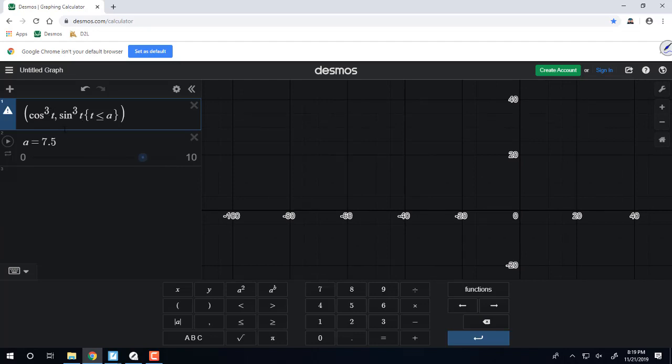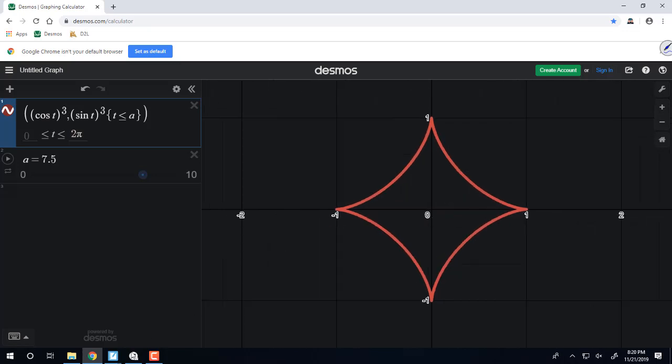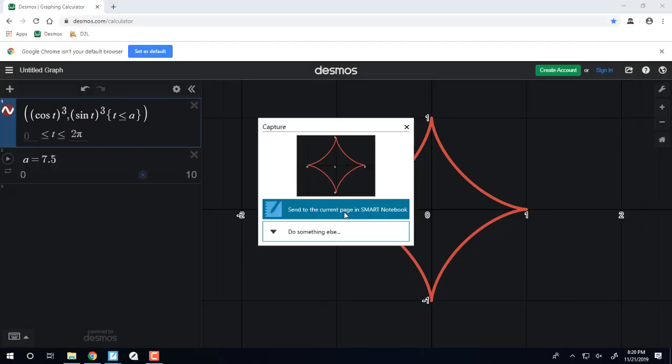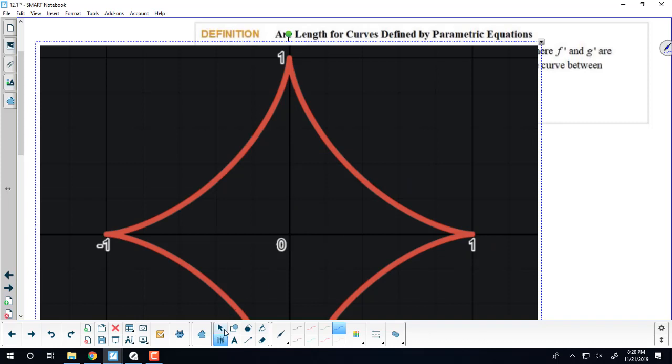Doesn't like that. We're going to put that in our notes. You'll see that we'd be able to do it without the graph, but knowing that the graph has symmetry and being able to utilize that symmetry is going to make this so much easier.